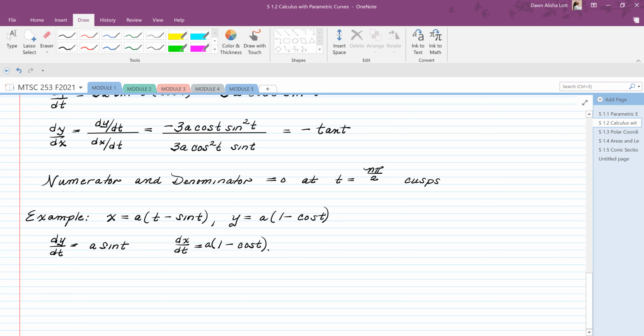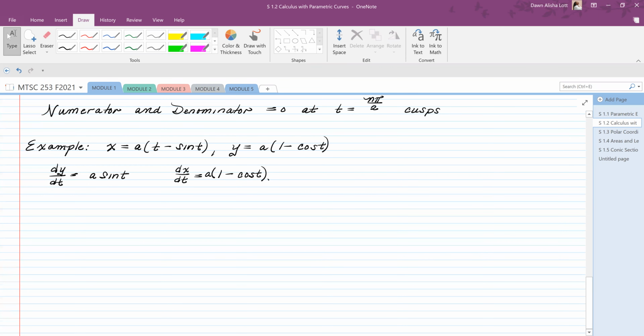All right. So I get that the slope dy/dx at any point is equal to the sine of t divided by 1 minus cosine t.